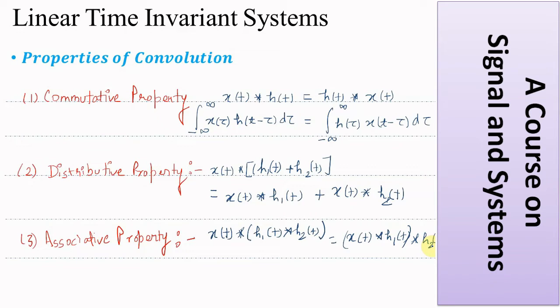So the operation can be done like this. This is called the associative property of convolution.